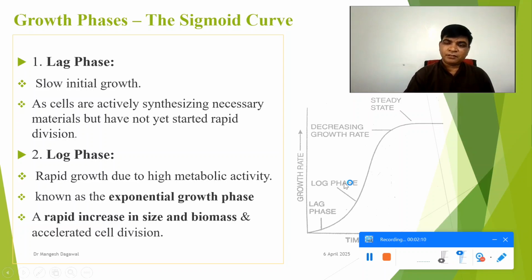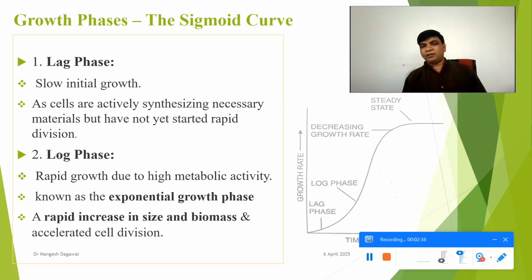Here you can see in this diagram there is an increase in the height of this particular line up to the decreasing growth rate. This indicates the growth rate is more. There is a rapid increase in the size and the biomass, which also accelerates cell division.